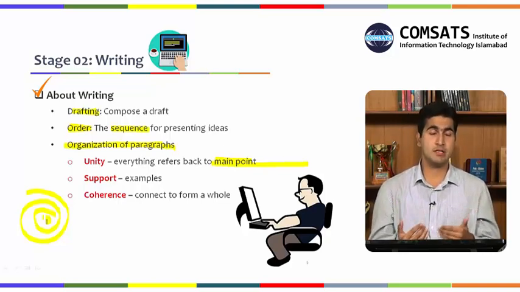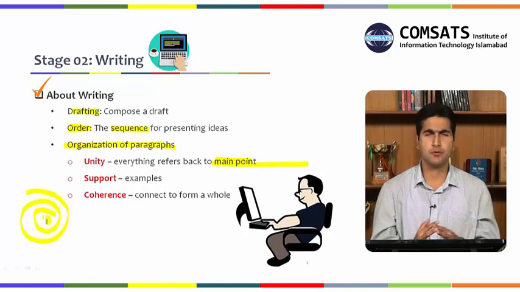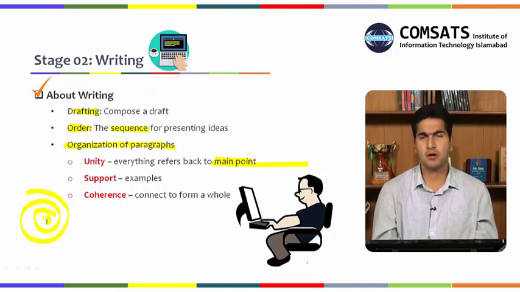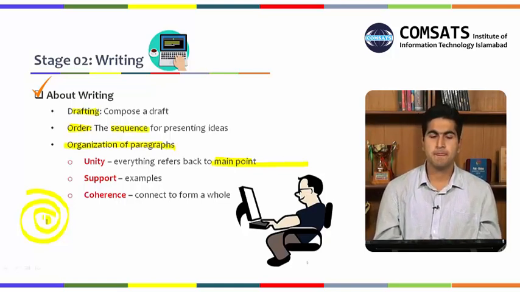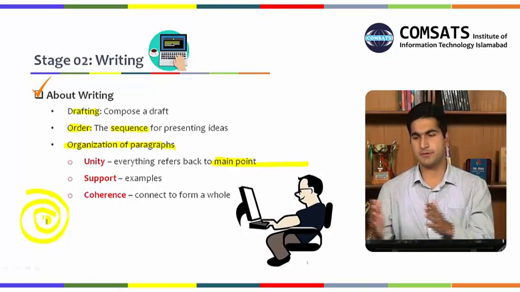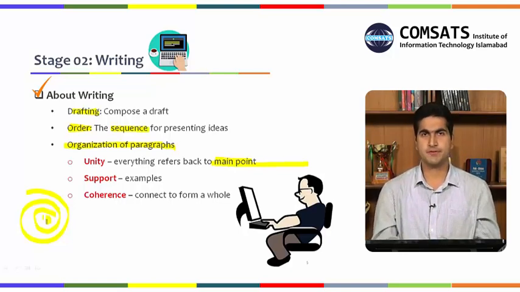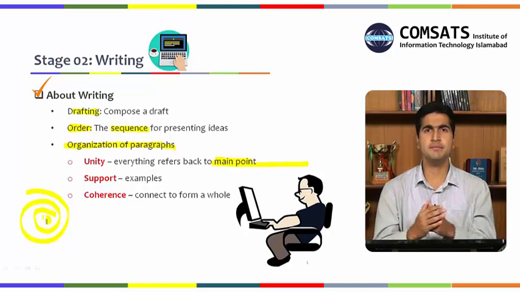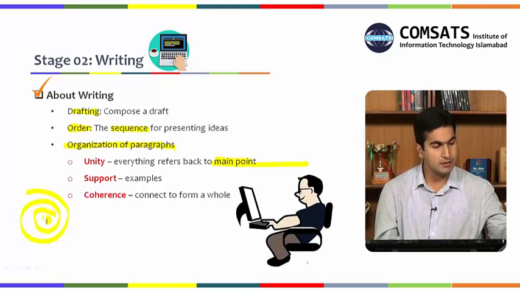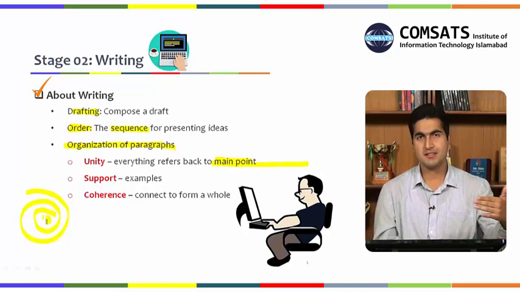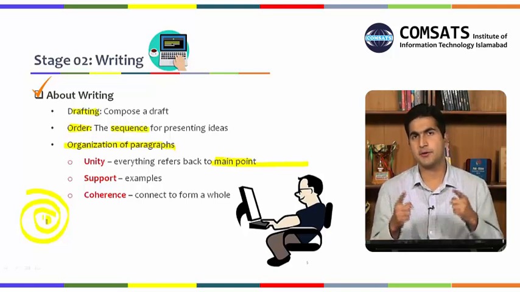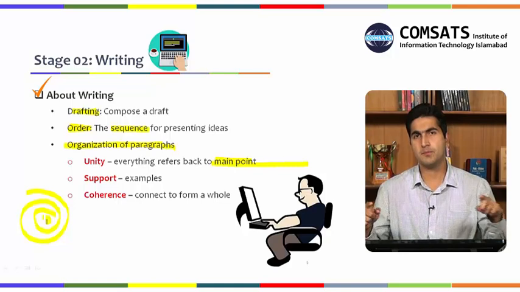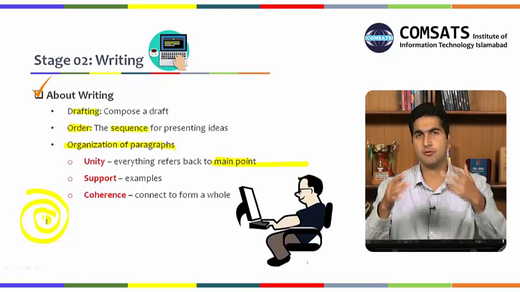Sometimes even I myself used to get confused as well. Don't you think unity or coherence are one and the same? They are used often together, but there is a difference, because unity basically refers to the fact that all the information which is coming one after the other is referring back to the main point, trying to support the basic thing that you are talking about.